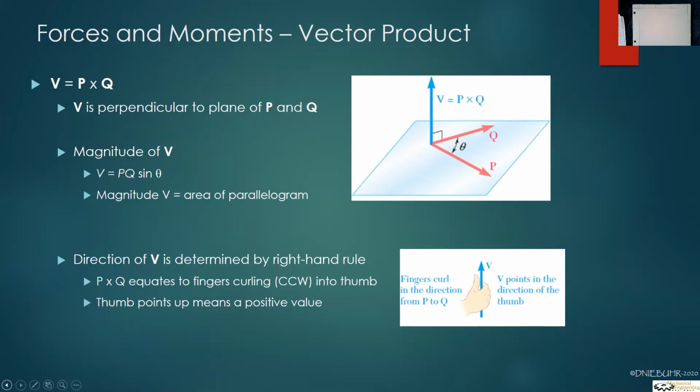Now, in terms of directions, you can imagine that depending on whether you do P cross Q or Q cross P, that is going to change the relative direction of V. And so we follow the right-hand rule. The easiest way is, as the picture indicates, take your hand, and if you imagine your fingers as P and your palm as Q, as you rotate your fingers into your palm, then your thumb points up, which is where V would be.